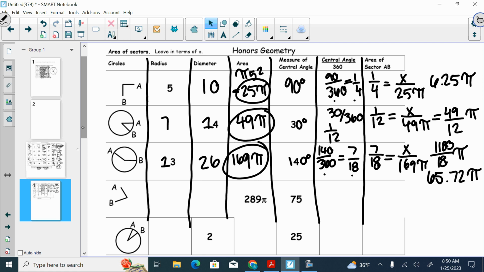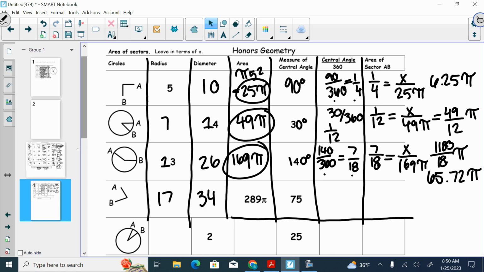Okay. All right, on this next one, they tell us this part. 289 pi is the area. So if my area is 289 pi, then what did my radius have to be? 17, very good. Which means my diameter was 34.